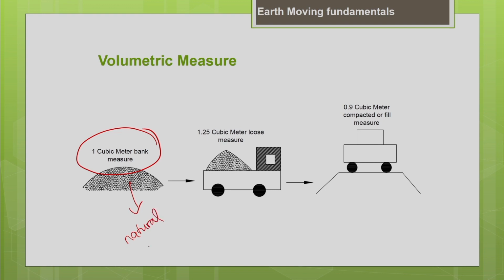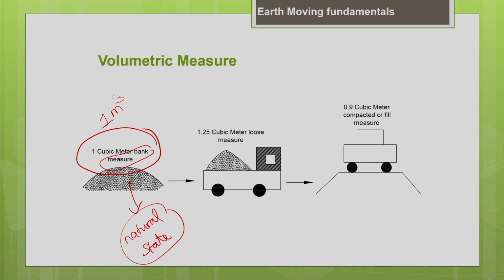Natural state in the sense, before you excavate the earth with any earth moving equipment, the earth is in the natural state. That is called a bank state or natural state. Before it is excavated, it is called bank measure, or it refers to the natural state of the material. So let us say it occupies 1 cubic meter.